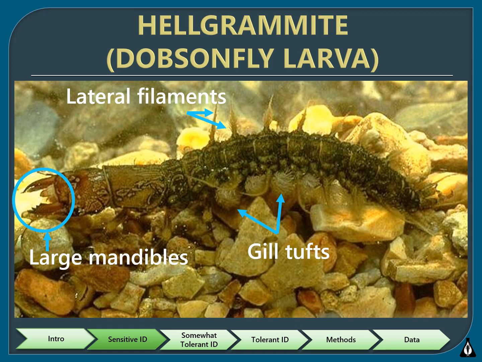Key identifying characteristics of HELLGRAMMITES include large mandibles, filaments along the side of the abdomen, and gill tufts under the filaments. The color on the head may also appear mottled compared to other similar taxa. When placed in a sorting tray of water, the gill tufts can be seen. When stressed, the HELLGRAMMITE may roll into a ball and the gills will be concealed.